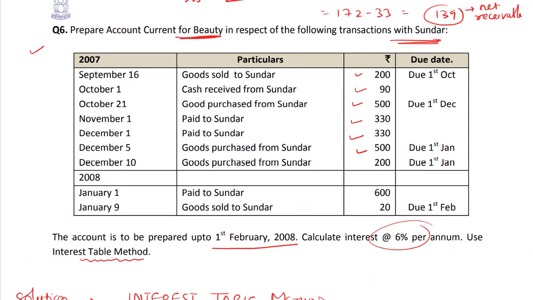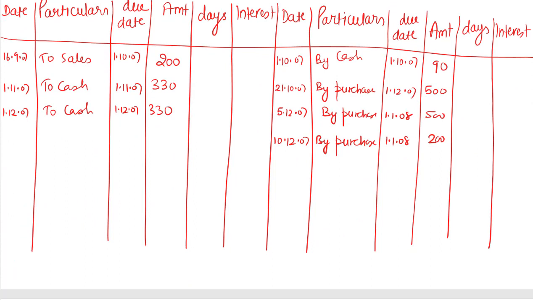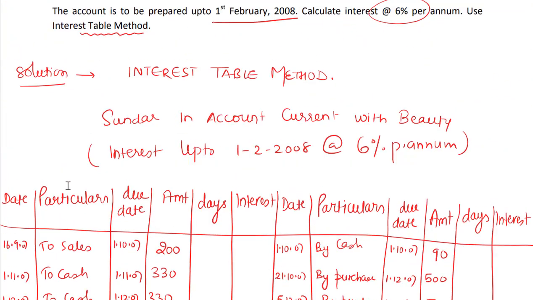Next transaction, 2008. On January 1, paid to Sundar 600. 1st January 2008, to cash 600. The due date is 1st January 2008.